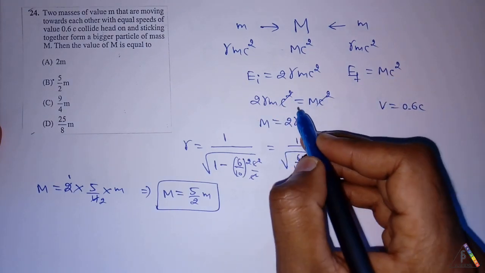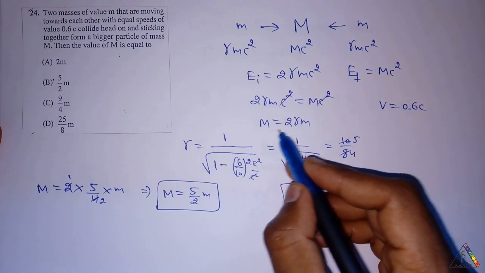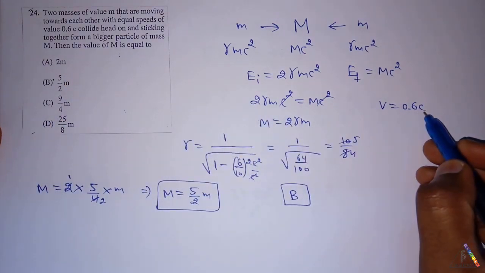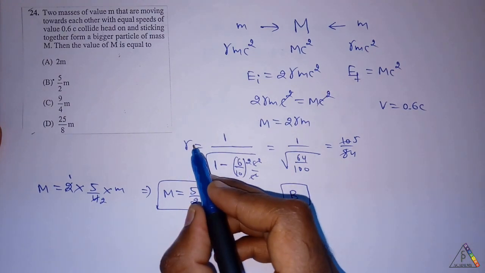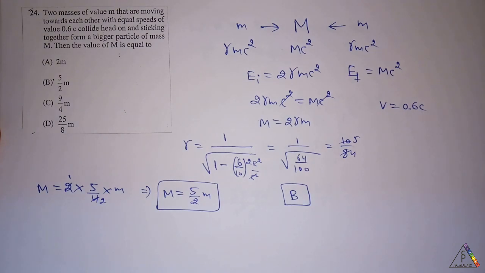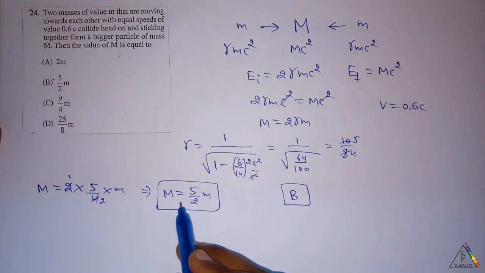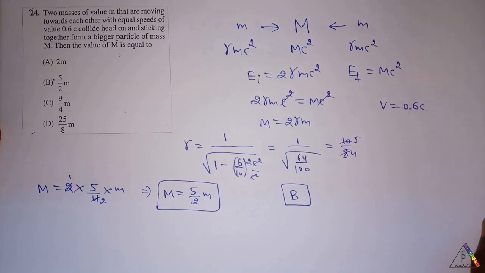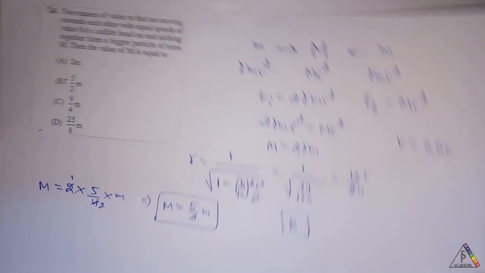By equating we get M as 2 gamma into m. They are given v as 0.6 c, and finding the value of gamma we get gamma as 5 by 4, and substituting the value of gamma we get M as 5 by 2 into m. Therefore for this question the answer is B option.